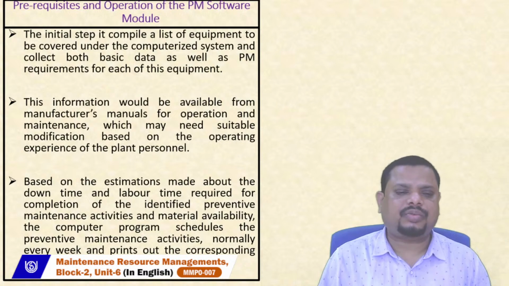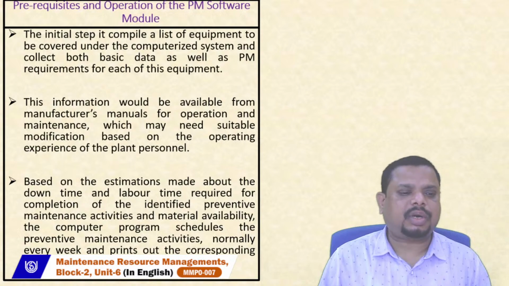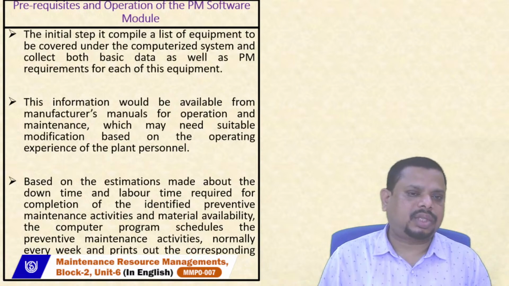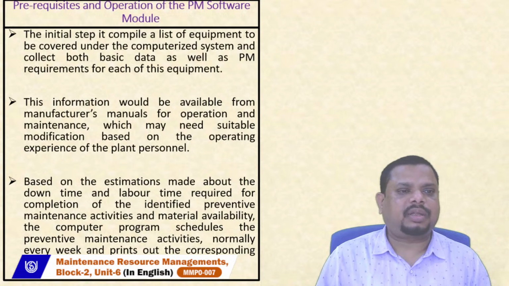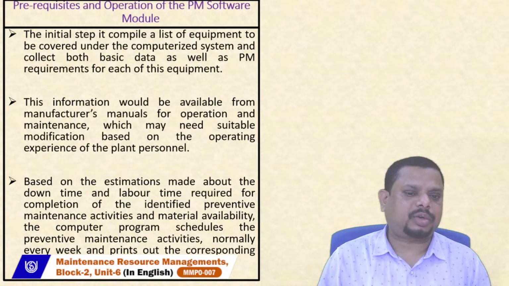If required, they must go for modifications based upon the operating experience of the plant personnel. The last one is based on the estimations made about the downtime, labor time required for completion of identified preventive maintenance activities and material availabilities. The computer program schedules the preventive maintenance activities normally every week and prints out the corresponding work orders. In this regard, they implement the prerequisite and operation of the preventive maintenance software models.